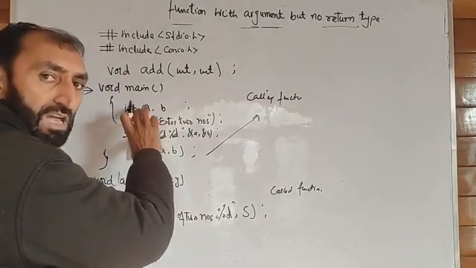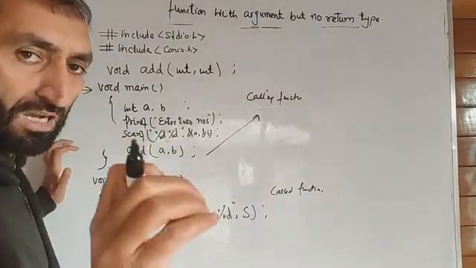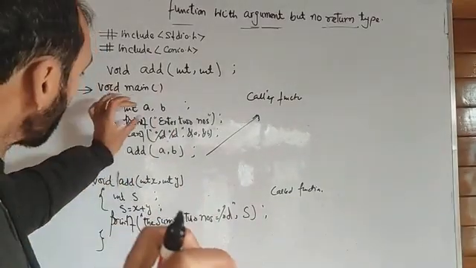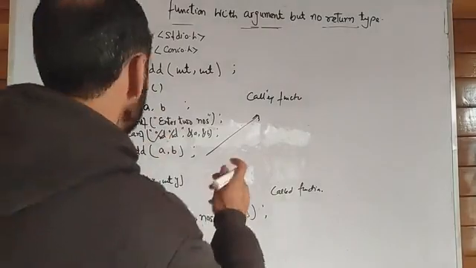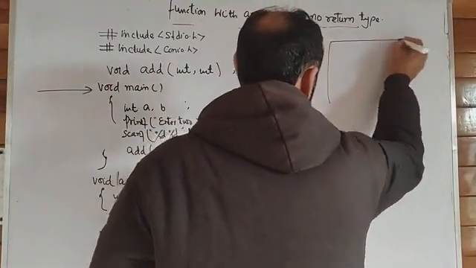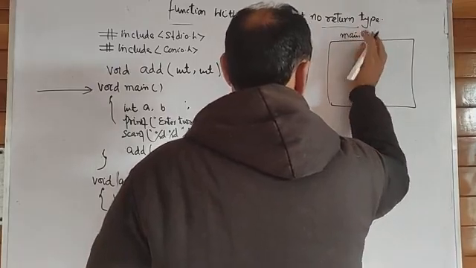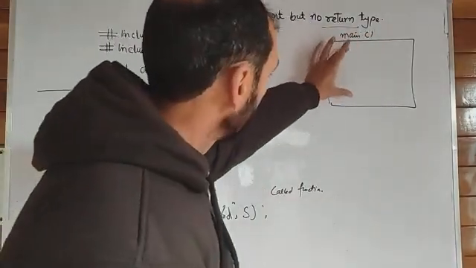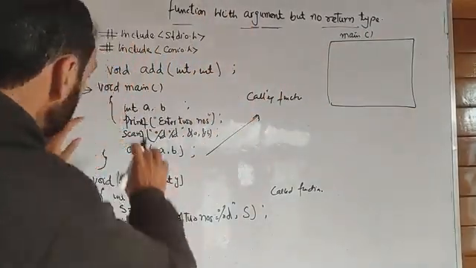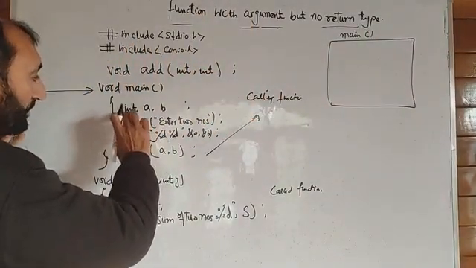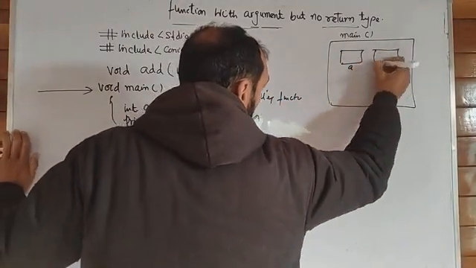That means I am telling the compiler to allocate memory for two variables a and b, where I have to store integer values. For example, this memory has been allocated for the main program by the memory manager. In this main memory, I have declared two variables a and b.